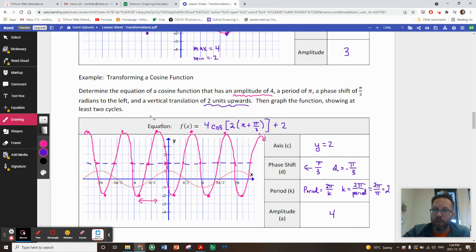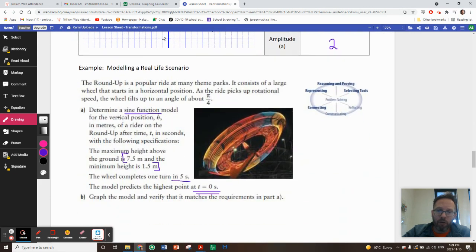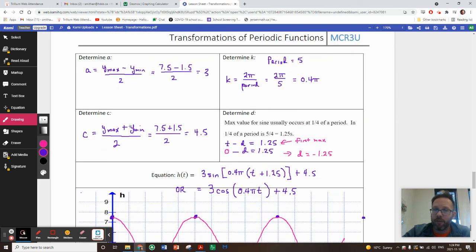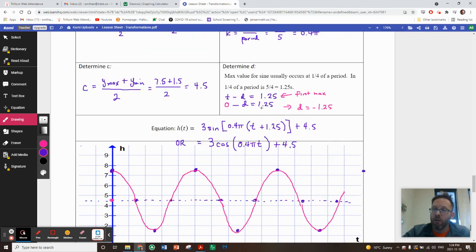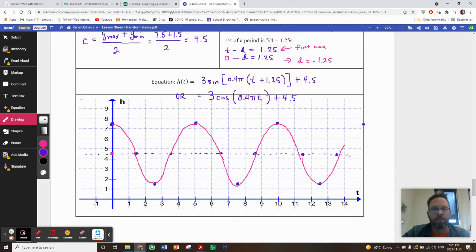You guys should be able to do this with either information or just from a graph, picking off these properties. And then we modeled a real life situation, and we talked about how to find the amplitude and the axis by using the max and min values, how to find the k value using the period, and how to reason out a phase shift. And so you guys should be able to model any periodic behavior as long as you have information about the max and min value, the period, and some kind of starting point where you can reason out a phase shift.